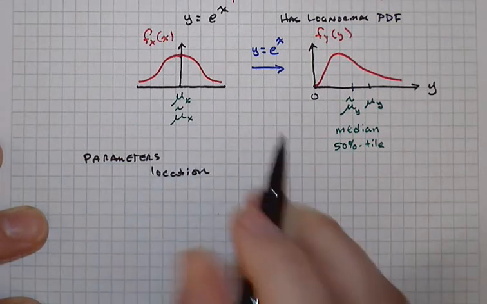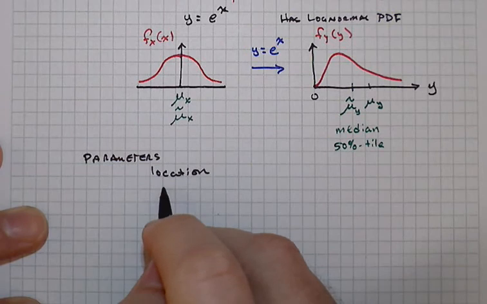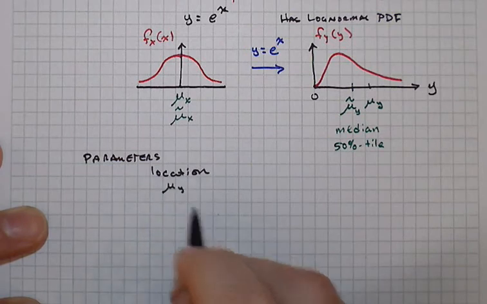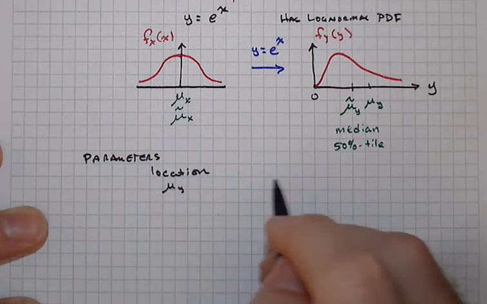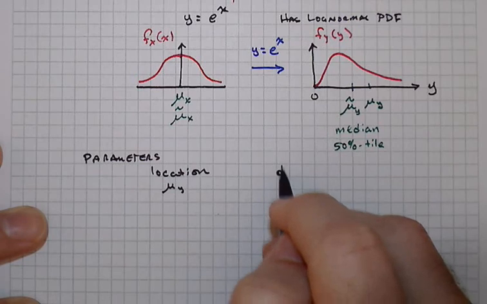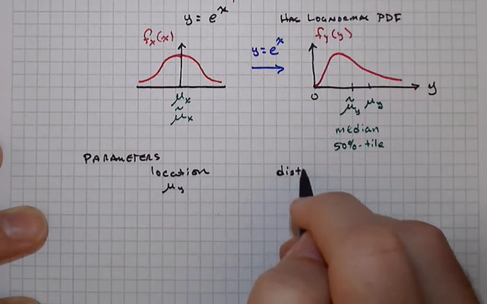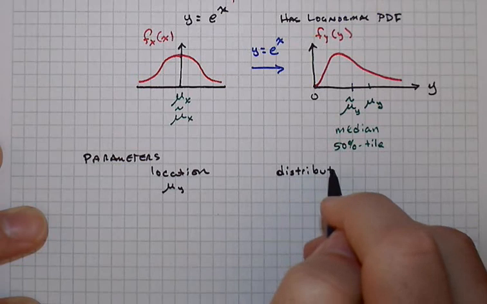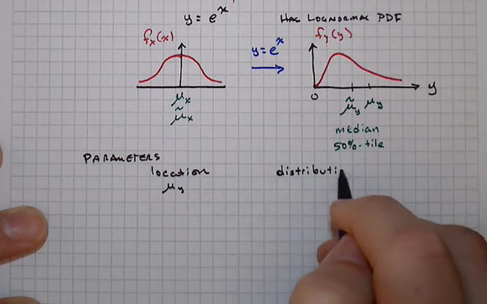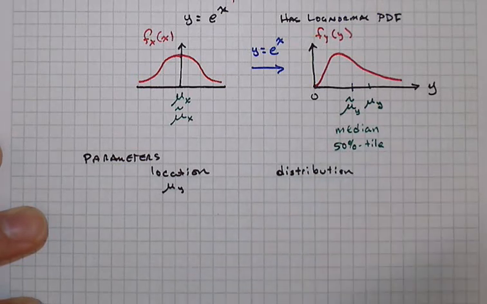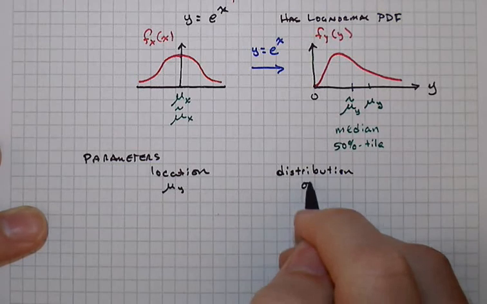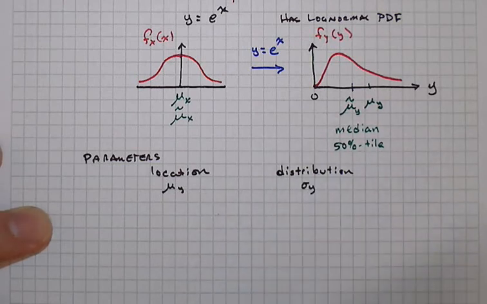In terms of our parameters, we oftentimes think about a location of the mean as the centroid of our distribution, and in terms of dispersion, we'll characterize that in terms of the standard deviation oftentimes.